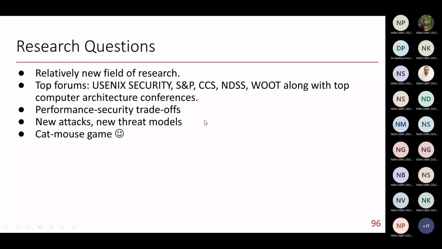Most of the research is about coming up with a new attack, a new threat model, or a performance-security trade-off, or the game that I have been describing, the cat and mouse game. You come up with a mitigation, I will come up with a new attack on that mitigation, and it goes on. So if you love this kind of game, then this is a field of interest. At least you can go and look at the papers and ideas that are coming in.